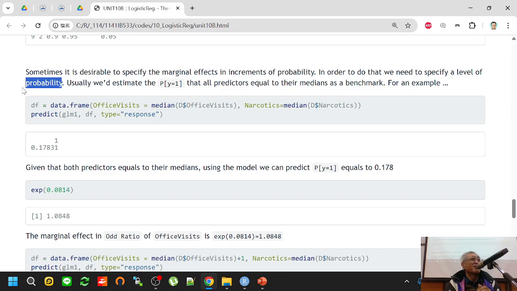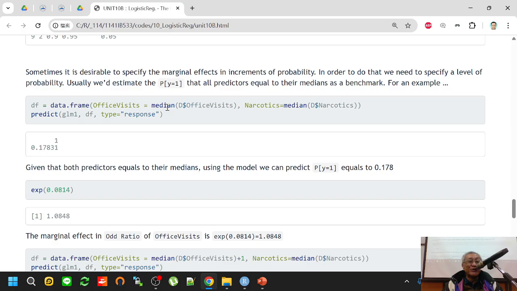Sometimes it would be desirable to calculate the incremental probability, but that incremental probability is quite difficult to calculate. It's not just taking an exponential transformation of the coefficient. If you really want to know the incremental probability per increment of x, then you need to do it this way.